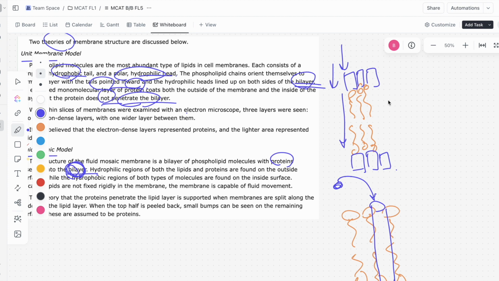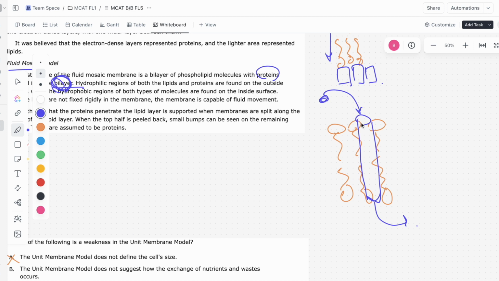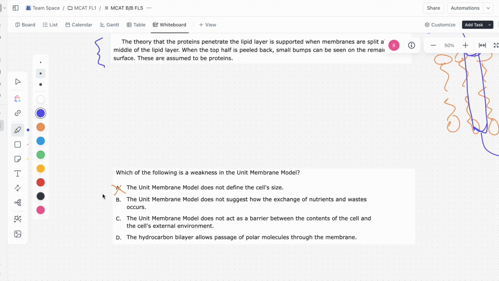How is that polar nutrient or that polar waste going to get through these hydrocarbon tails? Whereas in the fluid mosaic model, these proteins help those polar molecules get through, usually because the inside of these tube-like proteins is polar, to allow the polar molecules to get through the lipid bilayer. So B seems like a pretty good answer.